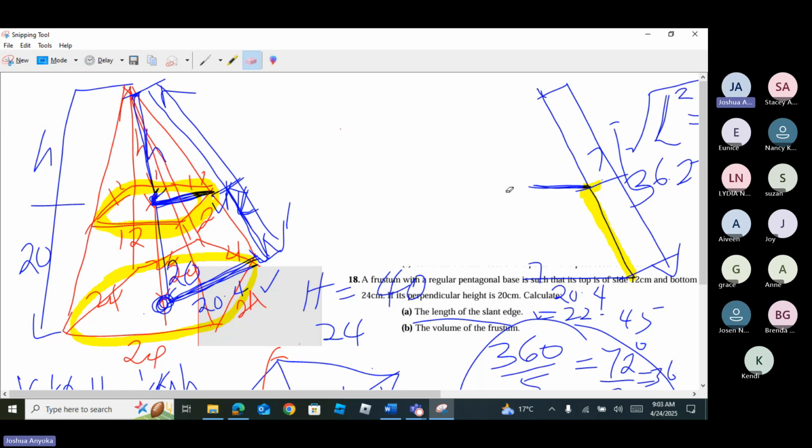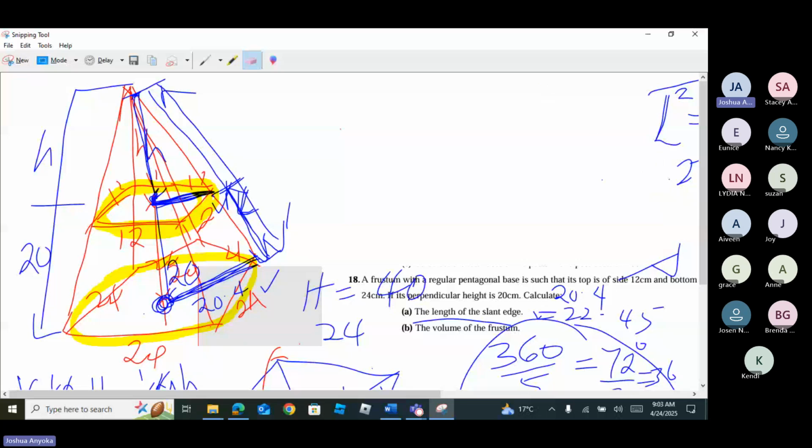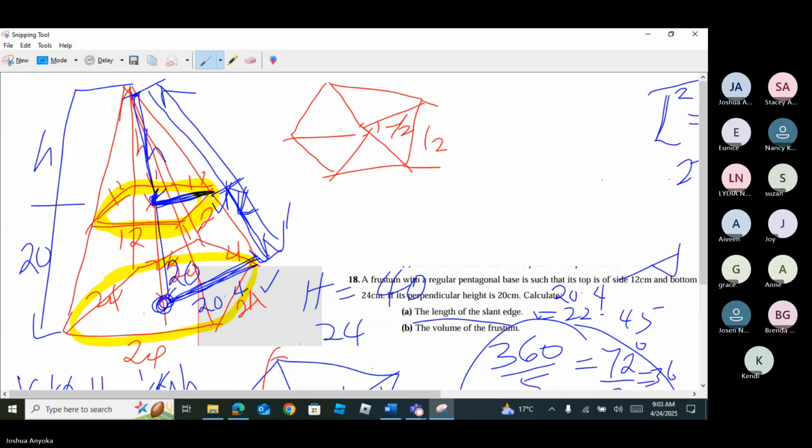We have another pentagon of 5 sides. Still the angle remains 72. But on this side, we have 12. So divided by 2, we get 6 and 6.